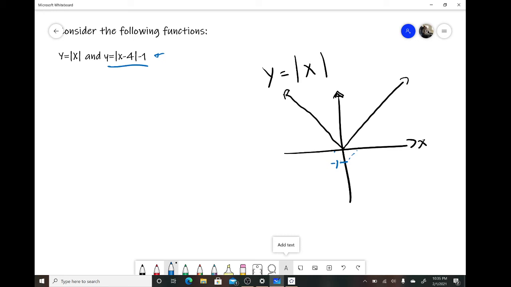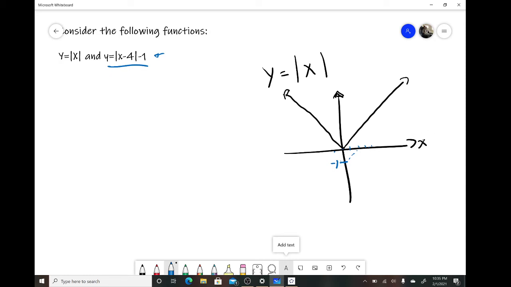And now we again have the situation with the negative 4 inside of the absolute value bars. And this again is going to shift our function 4 units to the right. So we're going to go 4 units to the right.